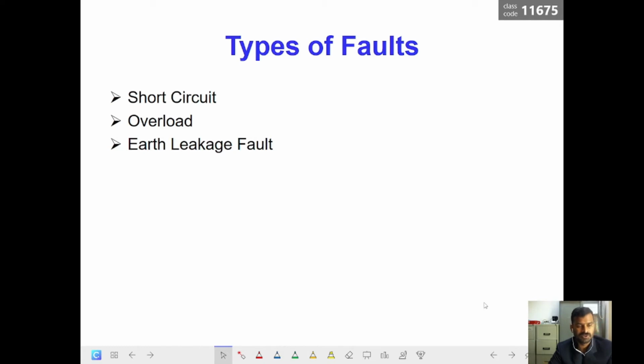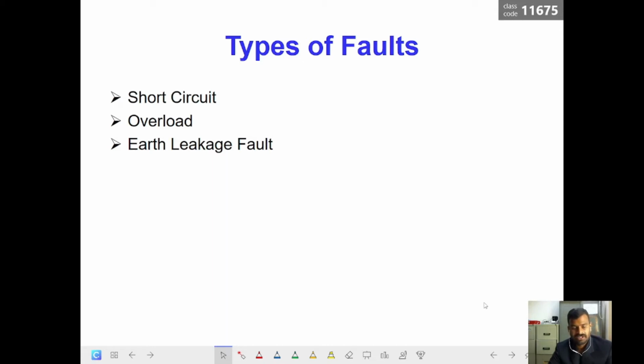Sometimes it leads to electrical fire and major disasters. Then what is overload? Overload is not as dangerous as short circuit, but if you leave it for a long time without noticing it, then it may damage the load or a part of a circuit.